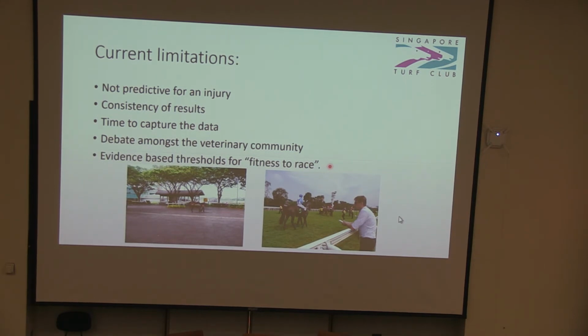So your 13-year-old grey pony doing 20-minute beginner lessons will have a different threshold to perform than a polo pony, than an FEI dressage horse, than a racehorse. And I think this threshold will be based on a welfare aspect, so what we as an industry think is reasonable for horses to race with.